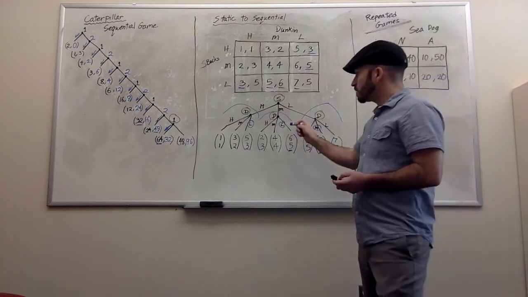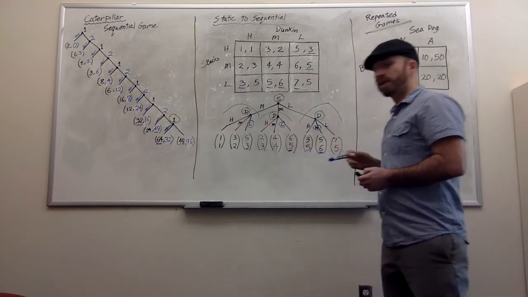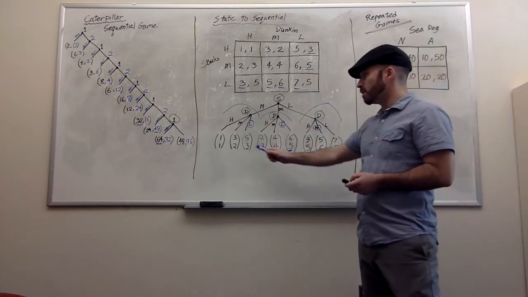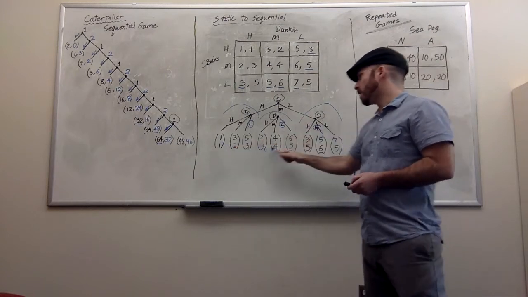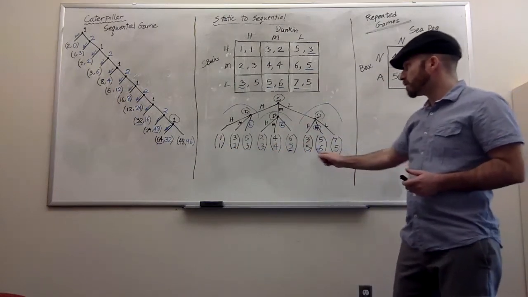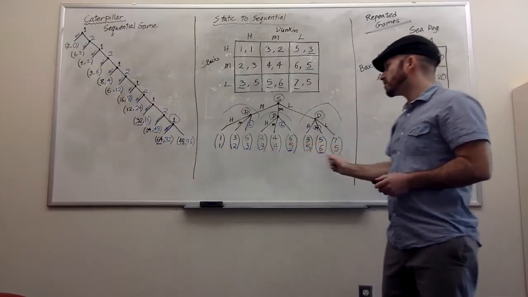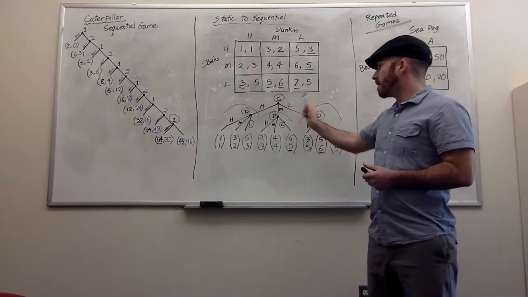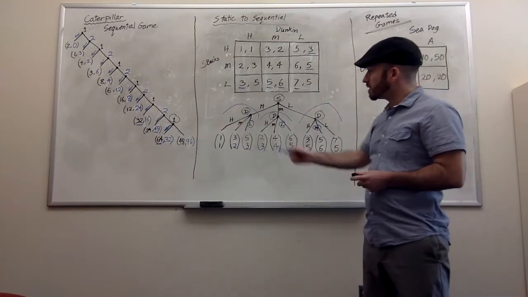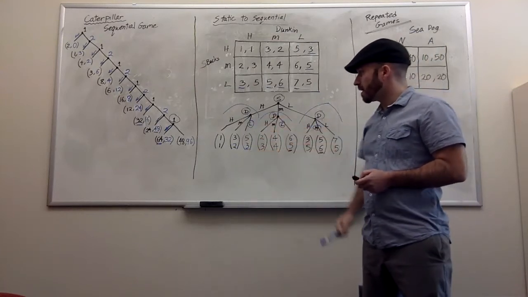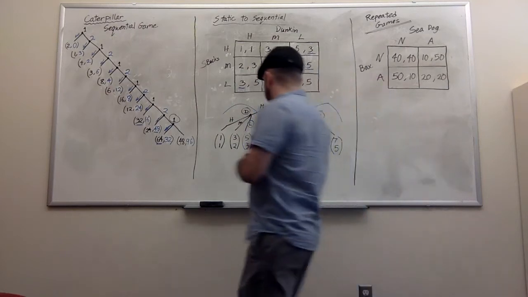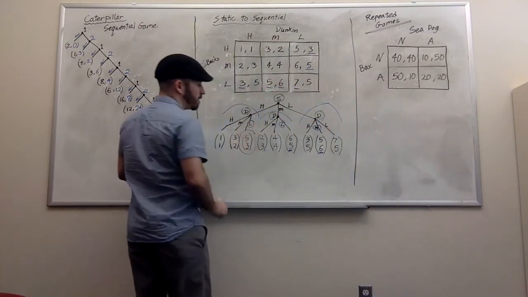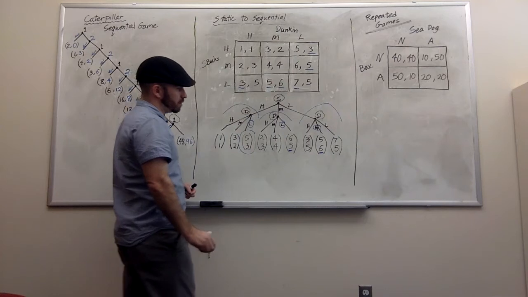Because Starbucks knows exactly how Dunkin' should react in each of these cases, because it knows, the assumption here is that it knows what these payoffs are for Dunkin'. So as long as Starbucks has a clear idea of what each of these payoffs are, then they look at this situation and they say, I can choose high, and I know that this is the payoff that I'll get if I choose high.